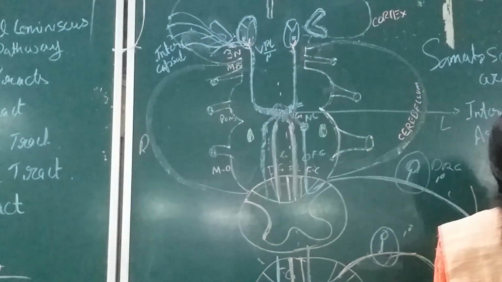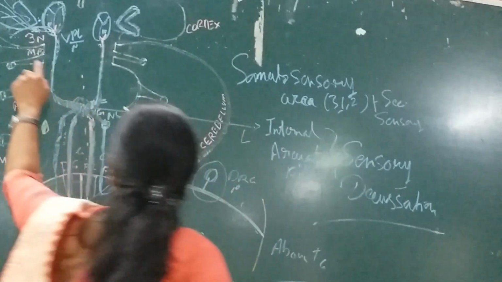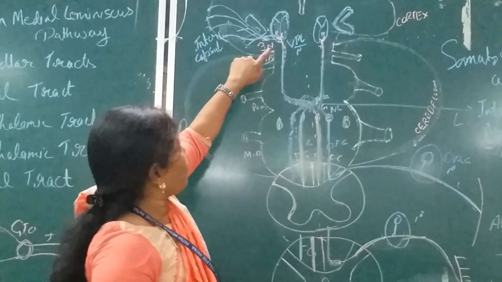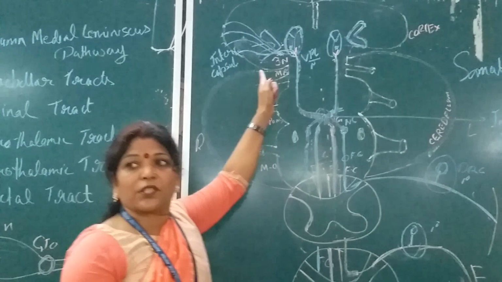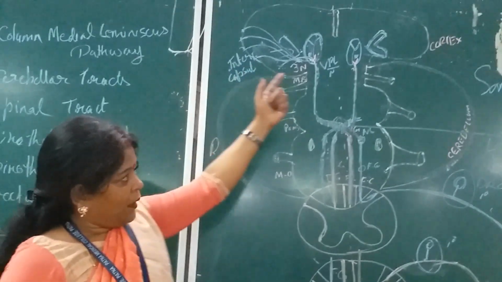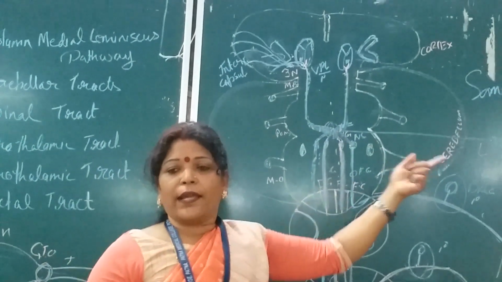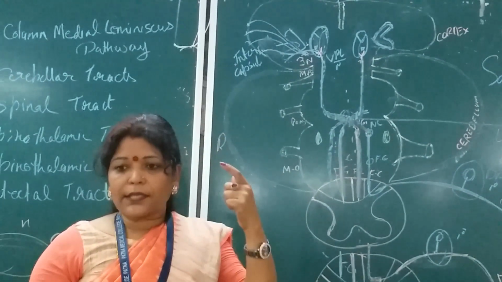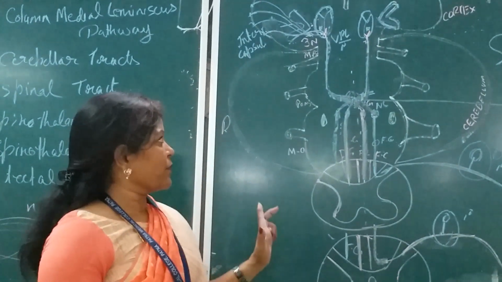There also it is going. All the axons which are emerging from the ventroposterior lateral nucleus will go to the somatosensory area, which is situated behind the central sulcus inside the cerebral hemisphere.